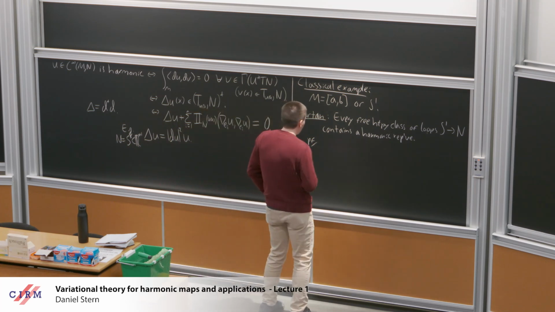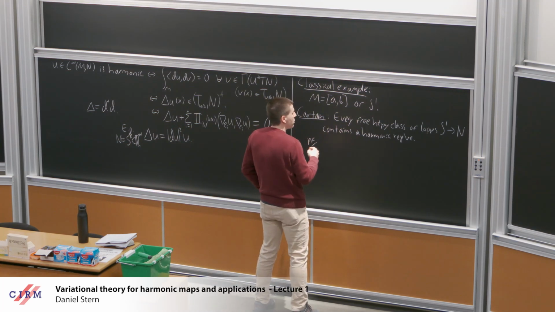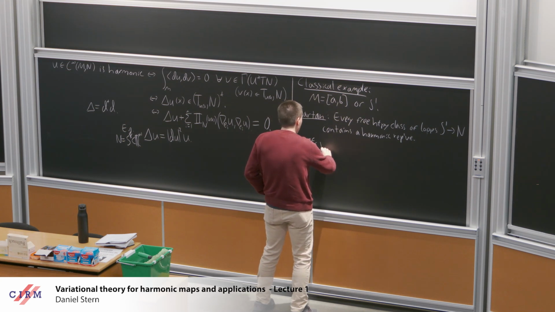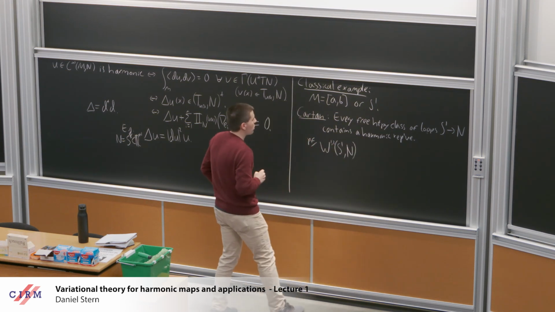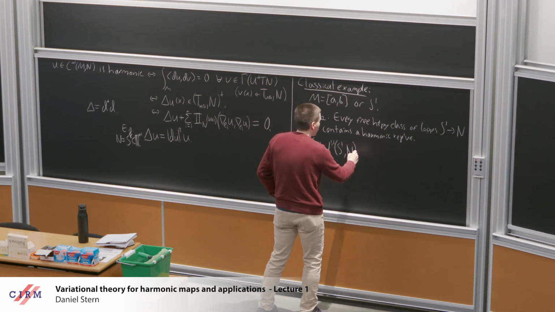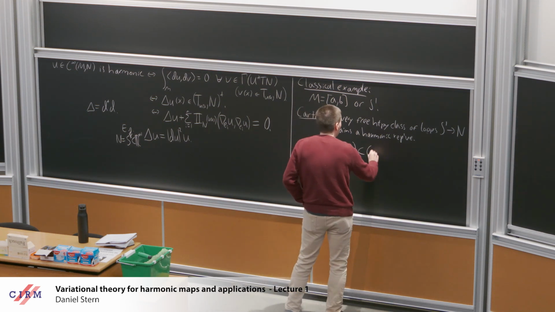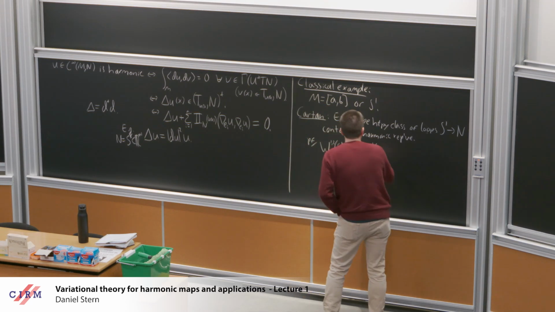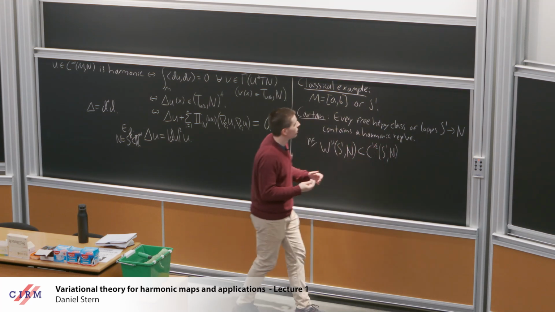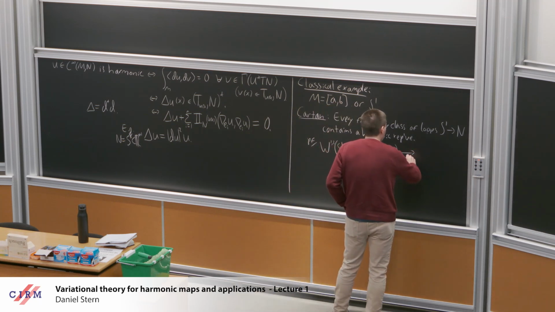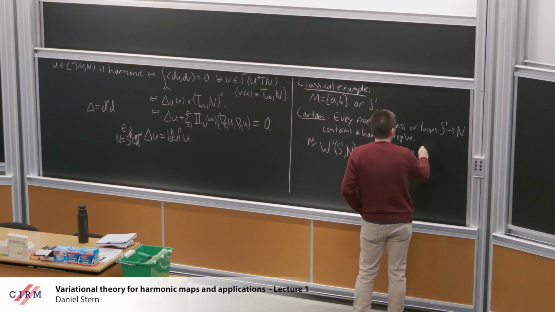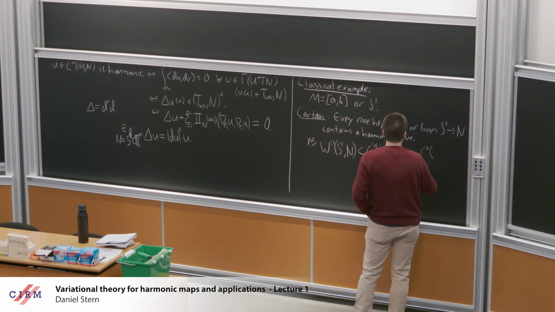The first, which is kind of key, is that if we're in a one-dimensional domain, then the space of W^{1,2} maps from S^1 into N embeds right into the space of Hölder maps with exponent 1/2, S^1 to N. So in particular, any finite energy curve is going to be continuous, and moreover, W^{1,2} embeds compactly, that's also crucial, into C^0, just via Arzelà-Ascoli, if you like.